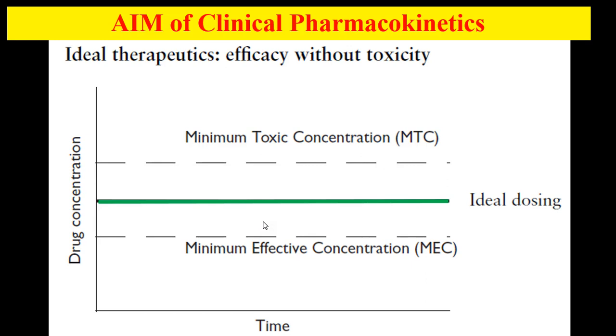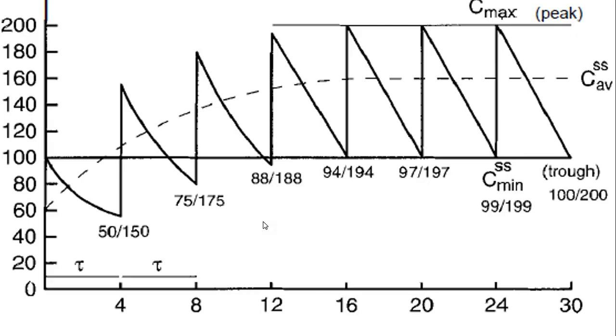So how will you solve the problem? You might be guessing it right. Yes, for this you have to understand this diagram. In this diagram, on the y-axis is the plasma concentration of drug.